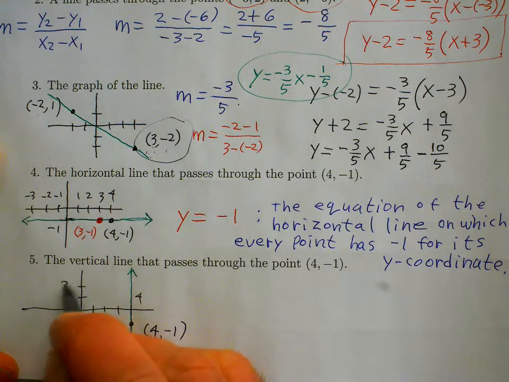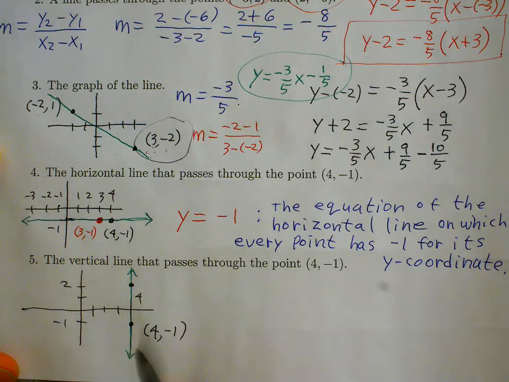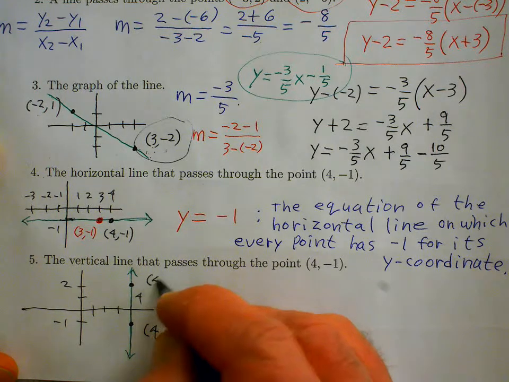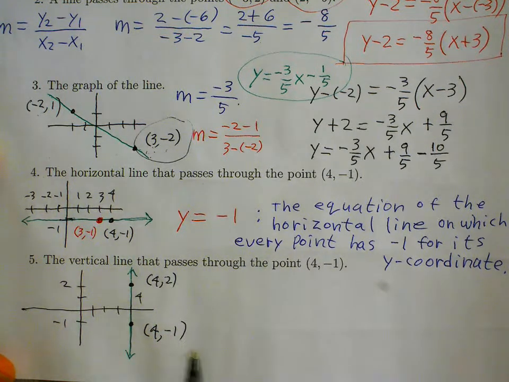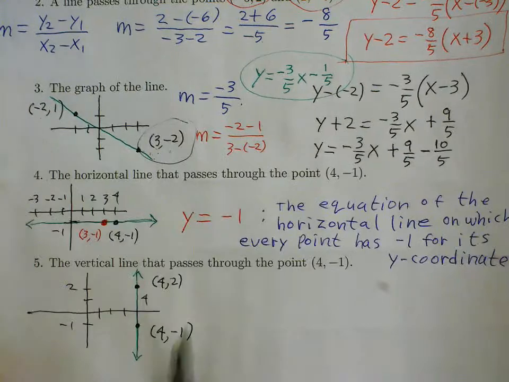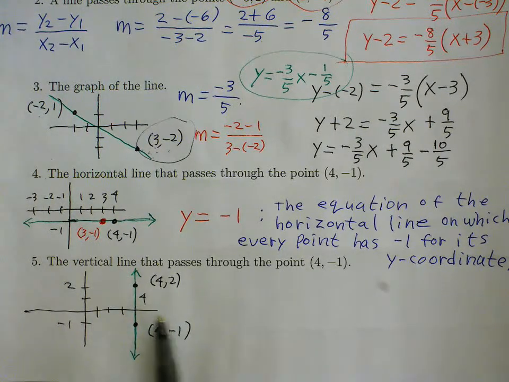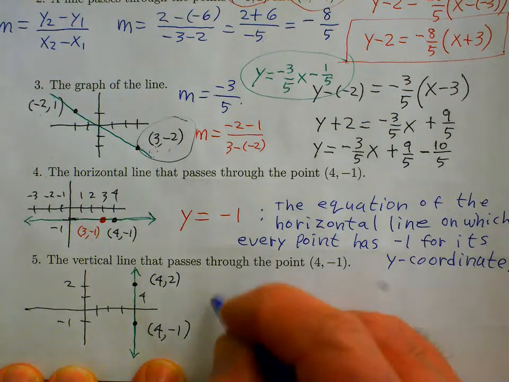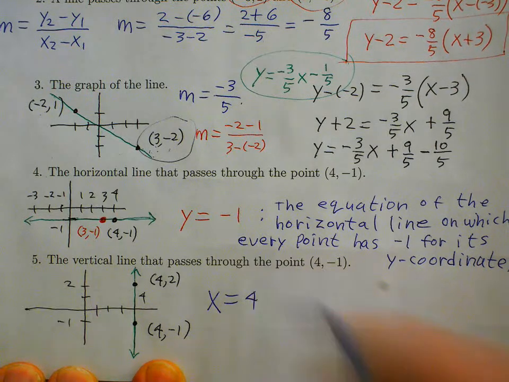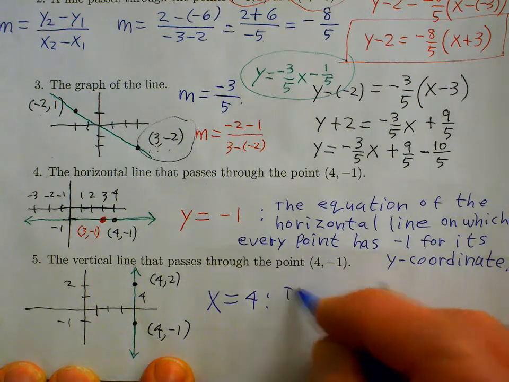So I'll pick the point 4, 2. And then you can observe, oh, each of those 2 points has the same x coordinate of 4. So the equation for that vertical line is x equals 4. Okay.